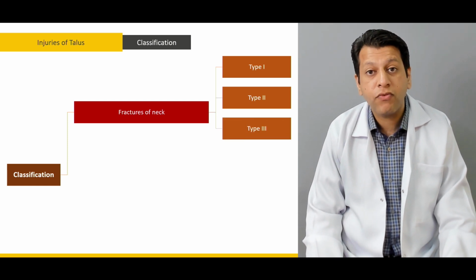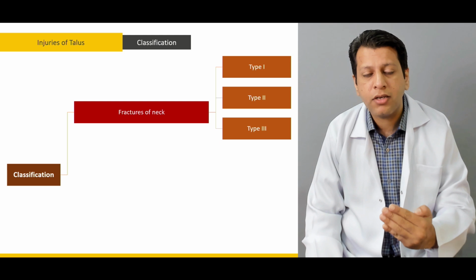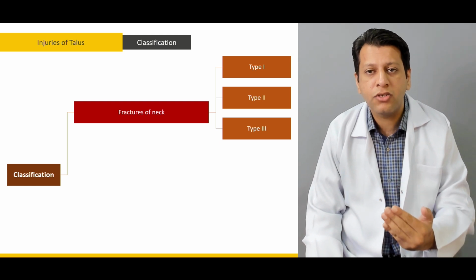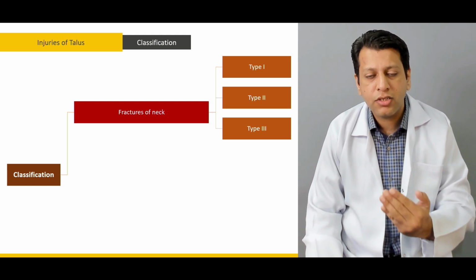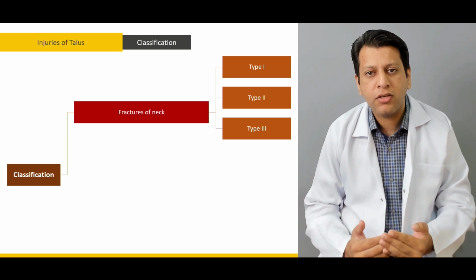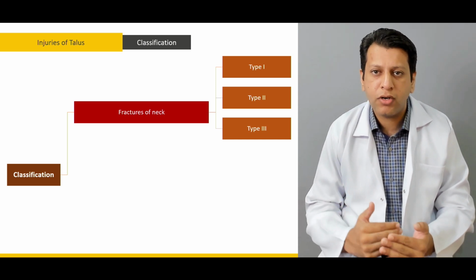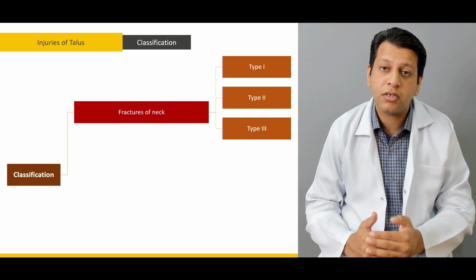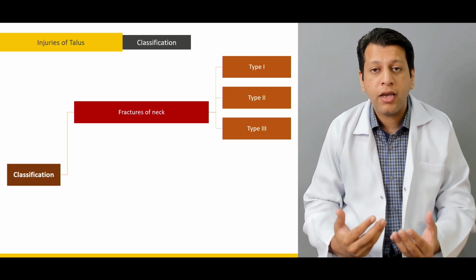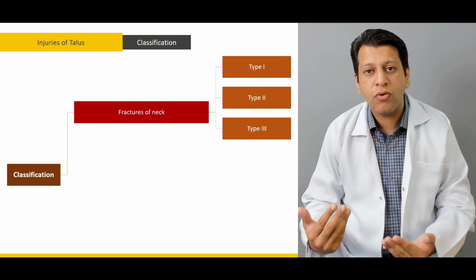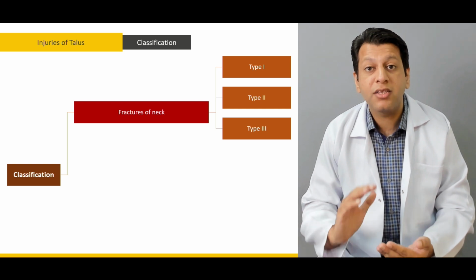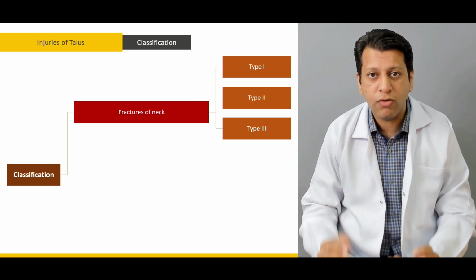Type 3 is when the force is increasing, and as a result there is increased axial loading over the talus in such a way that the fracture of the neck has occurred. There is involvement of the subtalar joint, which is subluxed or dislocated, as well as involvement of the tibial joint, that is, the dome of the talus is also involved.